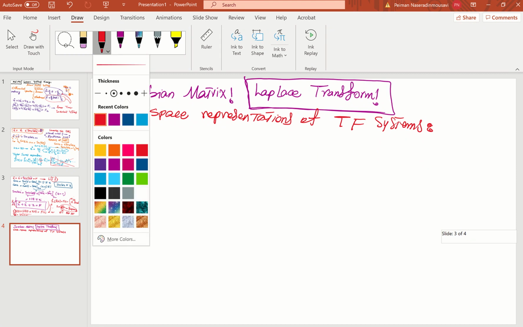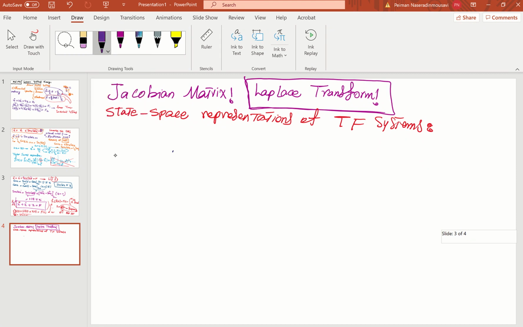For those of you who don't know what state space is, first let me teach you or refresh your mind. Okay, so look at the previous example that we linearized: x double dot plus x dot plus x is equal to f.